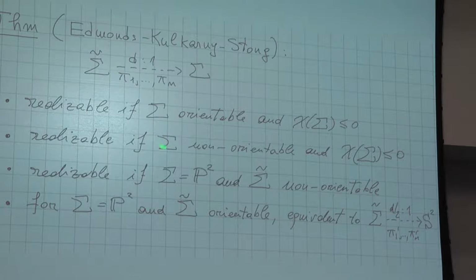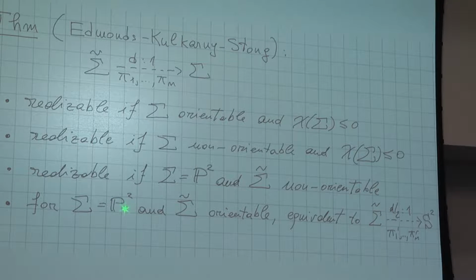And the same if it is non-orientable downstairs, and the case where it's the projective plane and non-orientable upstairs is again always realizable. So from these three cases, what is left is only the case where sigma is a projective plane or the two-sphere.